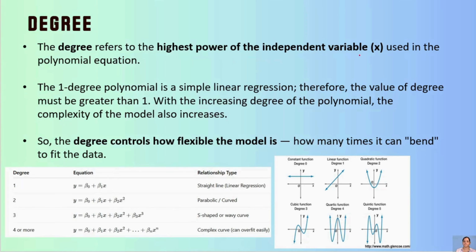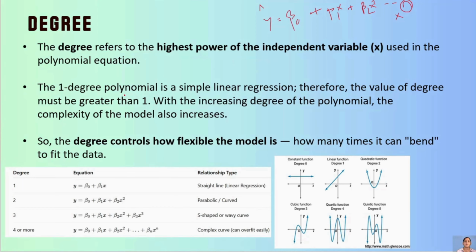So if you see this, when we are talking about y hat equal to beta 0 plus beta 1 x plus beta 2 x square, like that, right? So when I'm talking about x square, then till x^n, that n is your degree.